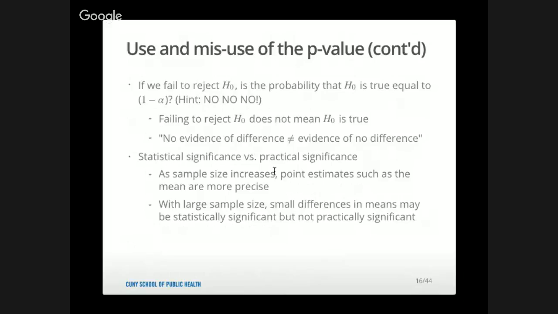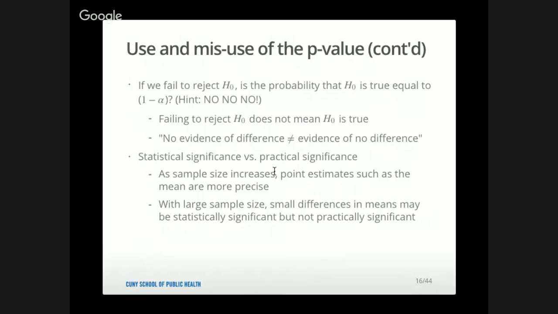Secondly, statistical significance does not necessarily mean practical significance. Our hypothesis tests that we have talked about so far are inferences about the mean. So we reject the null hypothesis if we find that the difference in means that we observe is unlikely to have occurred under the null hypothesis.